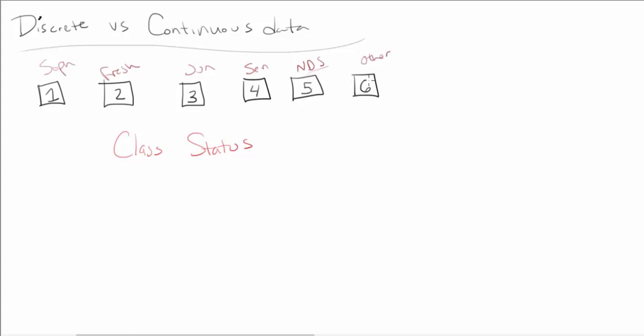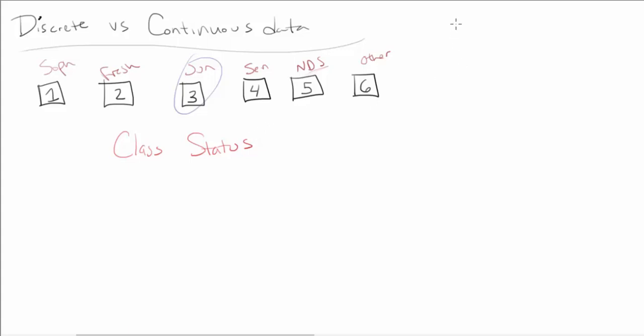This could be any kinds of things. Sometimes there are post-bac programs. There are a lot of different options. So say that in my survey I put this question in here, and your job is to kind of circle, well, okay, I'm a junior. This is a discrete variable.